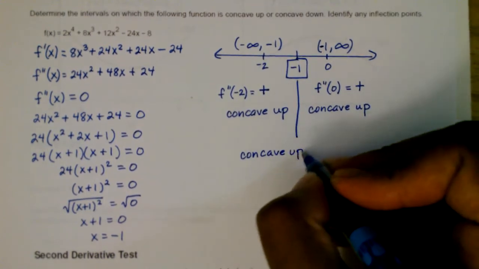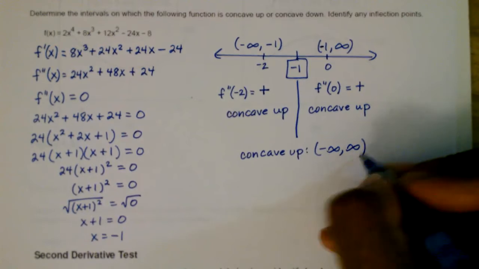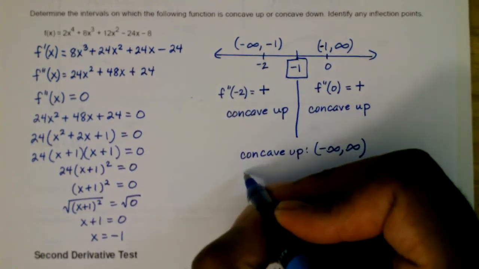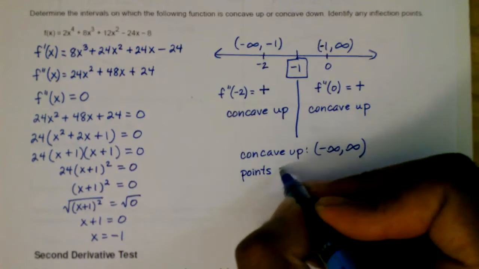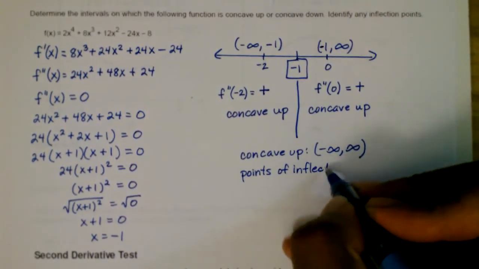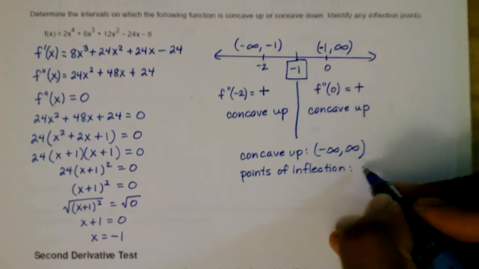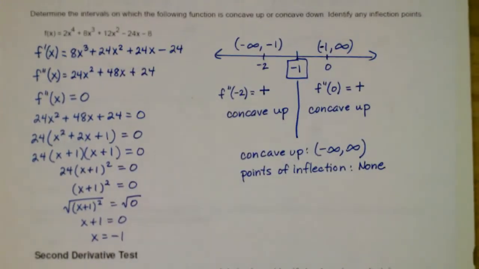So concave up would be from negative infinity to positive infinity. And points of inflection, there are none, because I did not change concavity.